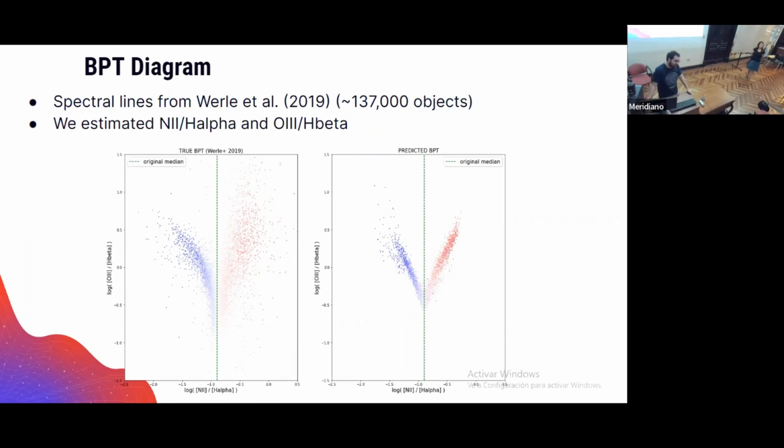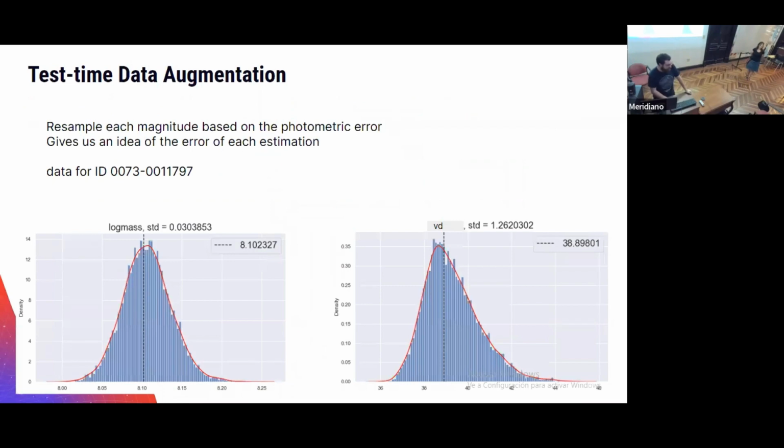That was one question, and the other one that arose when I saw the last slide was, does this have to do with the prediction that you get for the errors? In the sense that if you vary the magnitude a little bit and you get a difference in the prediction, okay, but maybe because of this narrower distribution, you would get a similar prediction when changing the magnitude, a less different solution.